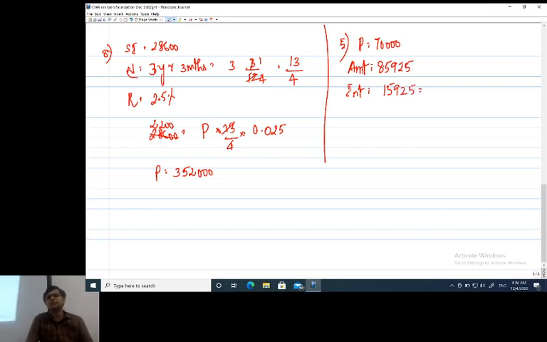Okay, this is 70,000 into what rate? 6.5%, 0.065 into number of years, n. So n is 15,925 divided by 70,000 into 0.065.